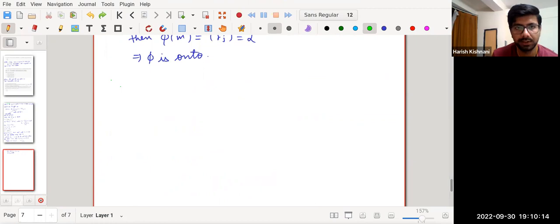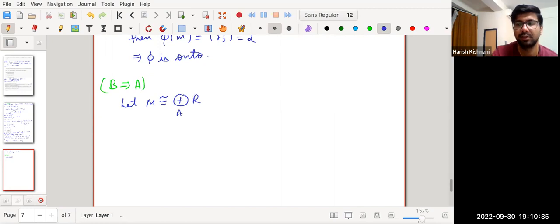B implies A: that your M is isomorphic to this R^(A), direct sum of R.